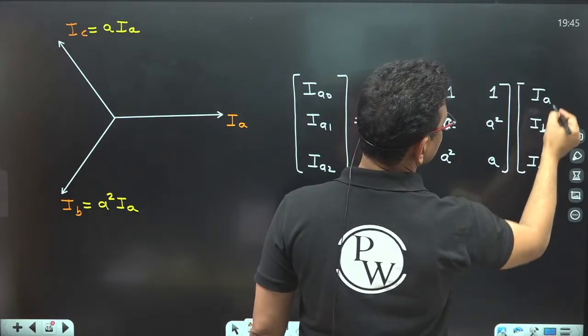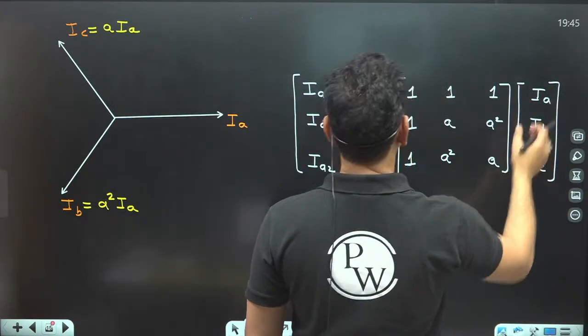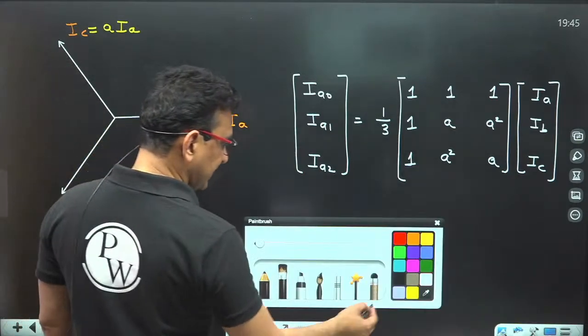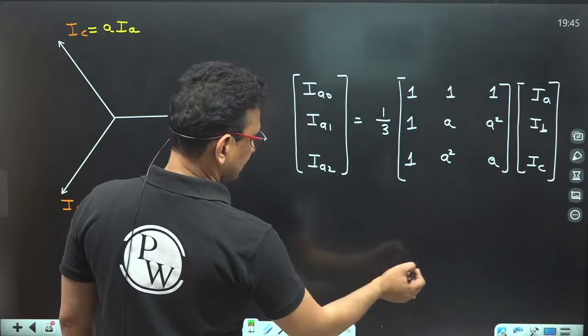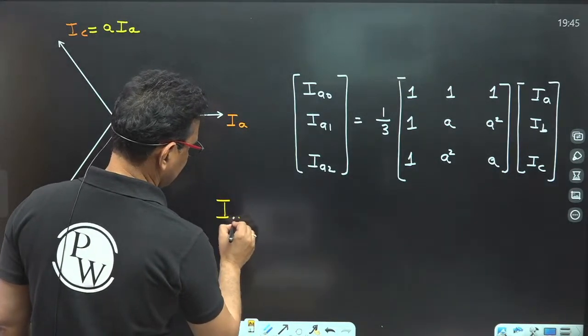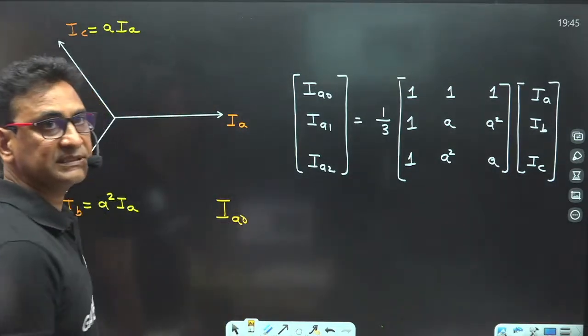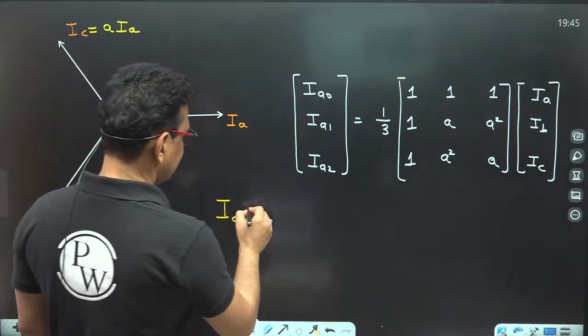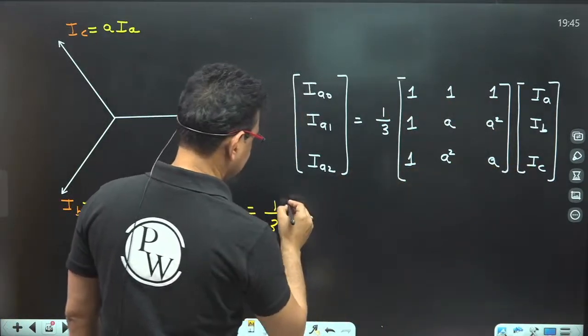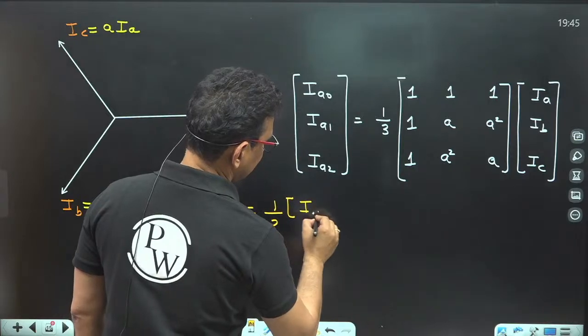This is the relationship between the phase currents and the sequence currents. Now let us find out one by one the value of IA0, the magnitude of zero sequence current. It is nothing but 1 upon 3 of IA plus IB plus IC.